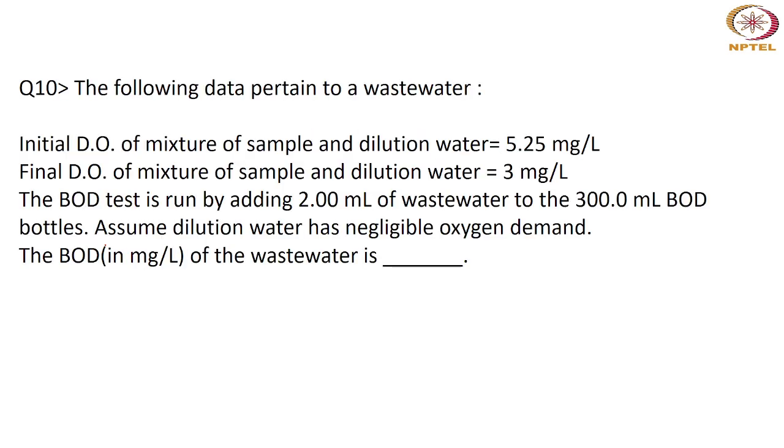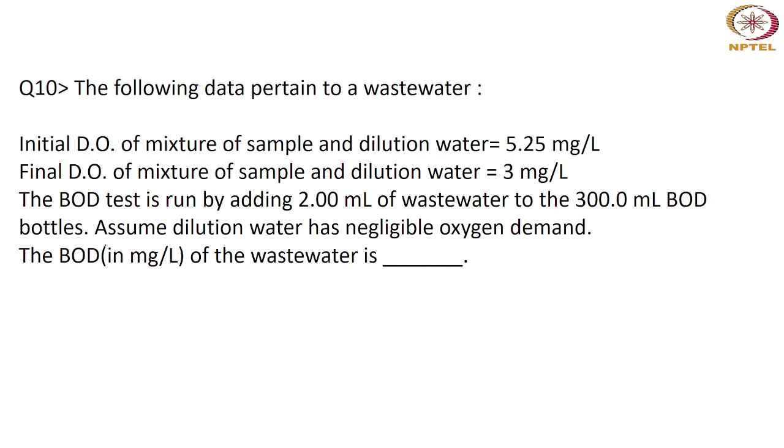Again, a numerical question related to BOD measurement. The initial DO of the mixture of sample and dilution water is 5.25 mg per liter. Final DO of the mixture of the sample and dilution water is 3 mg per liter.